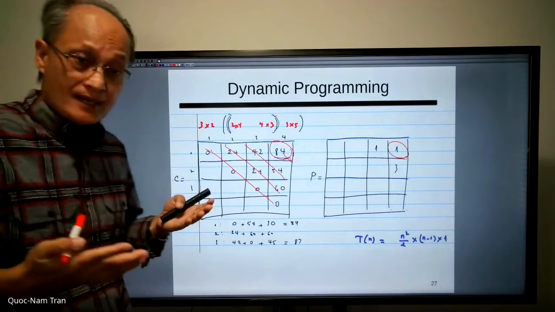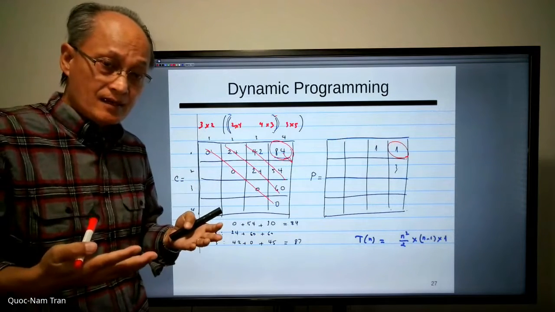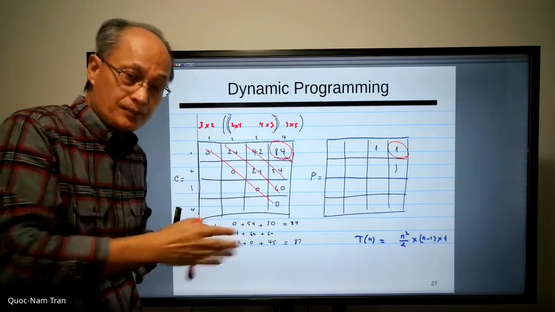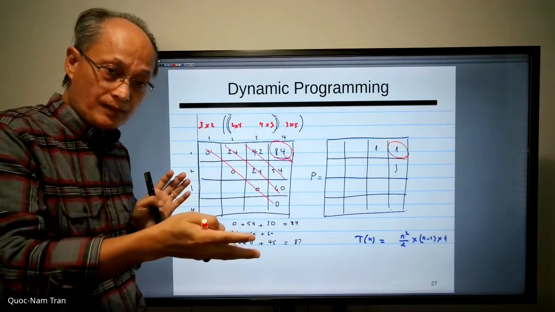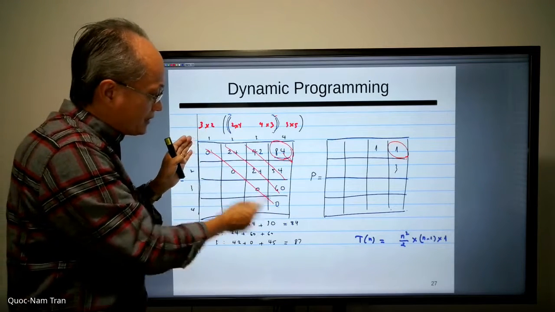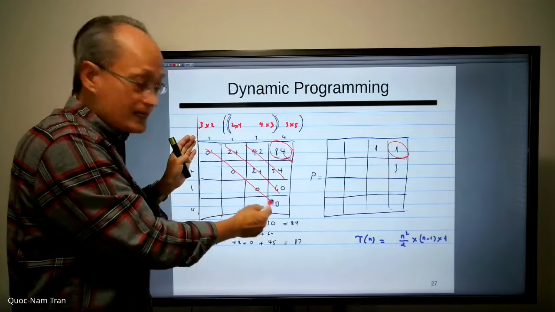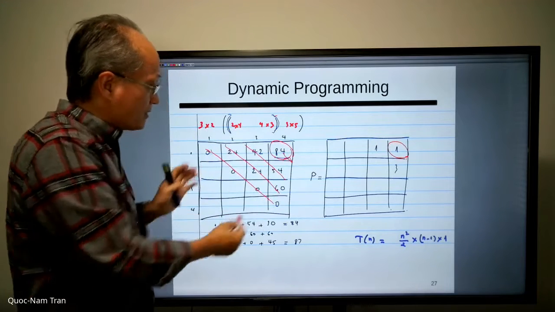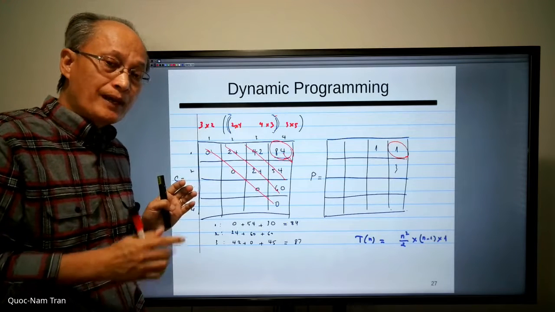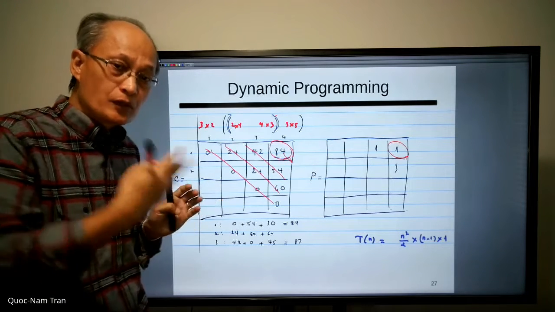And again, the idea is we have to multiply a sequence. We break the problem into smaller problems, but we keep storing or memorizing the intermediate results. What would be the smallest value when we multiply two matrices, three matrices?